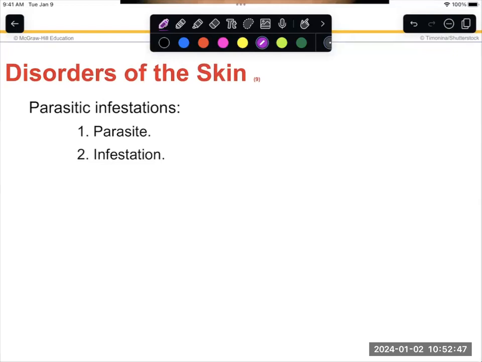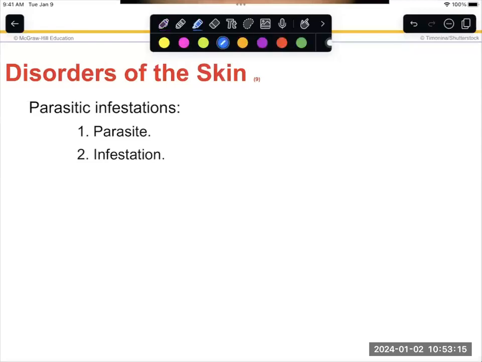An infestation is different from an infection. An infestation is a parasitic attack on the skin and its appendages, while an infection is a disease caused by a microorganism that releases toxins or invades the body.